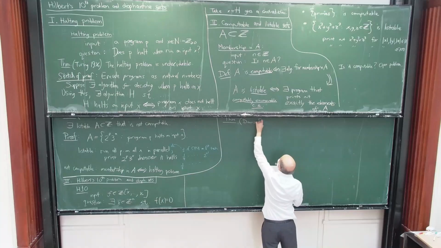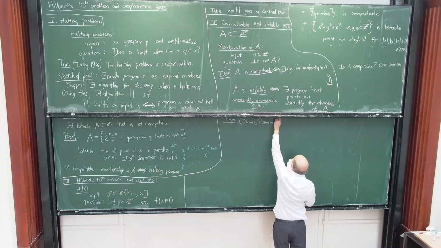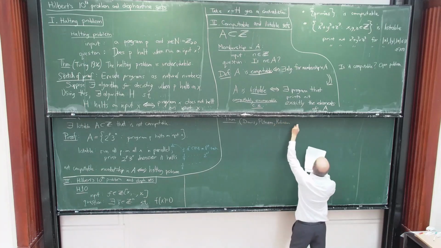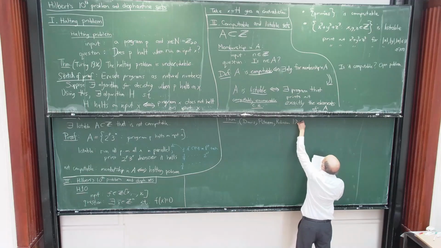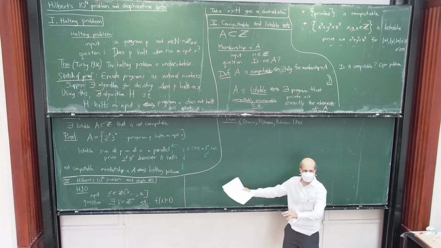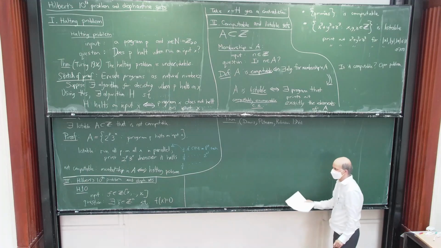And this results from work of lots of people: Martin Davis, Hilary Putnam, Julia Robinson. They proved that if you look at a harder problem where you have not just polynomials, but you also allow exponentiation, so you have exponential Diophantine equations, that was unsolvable.